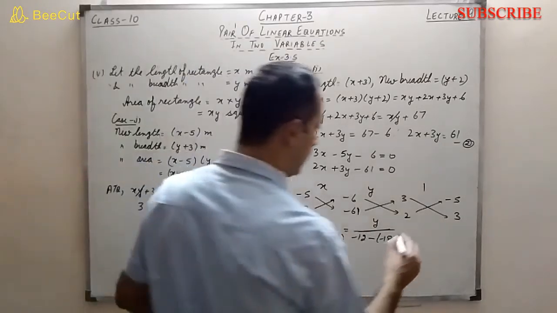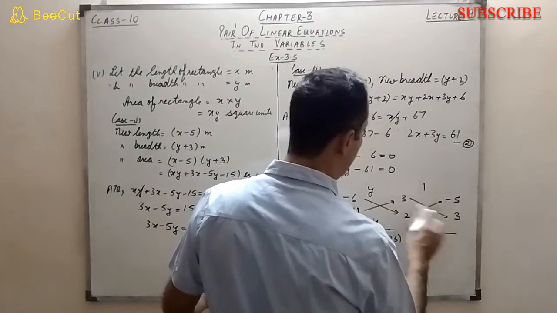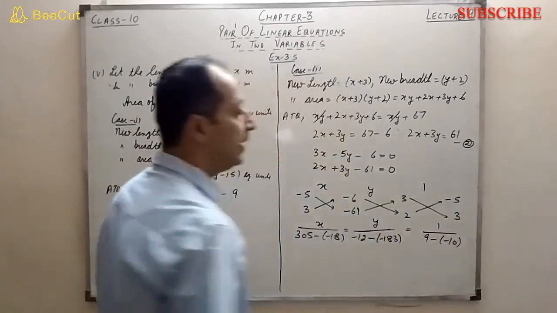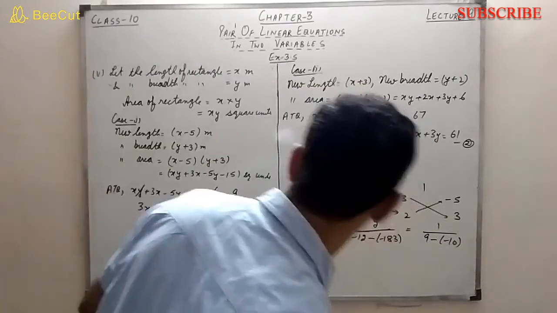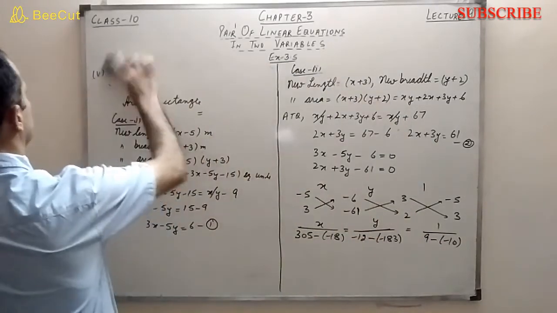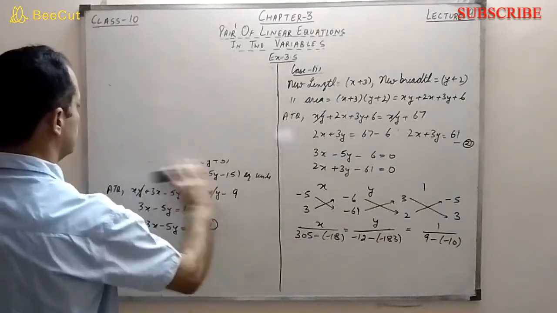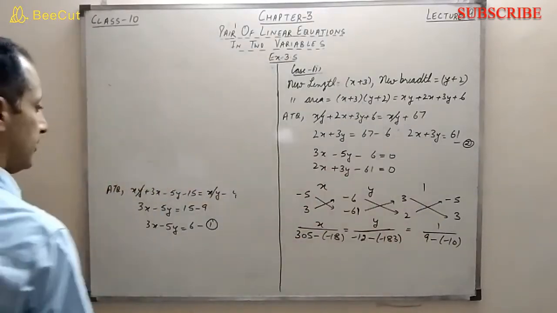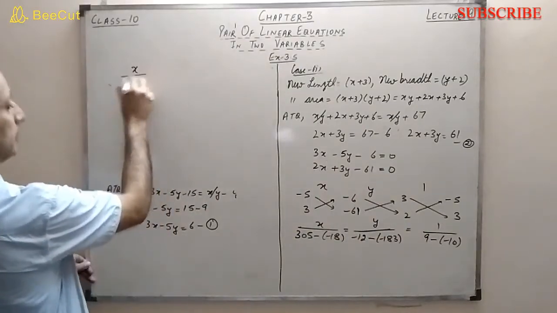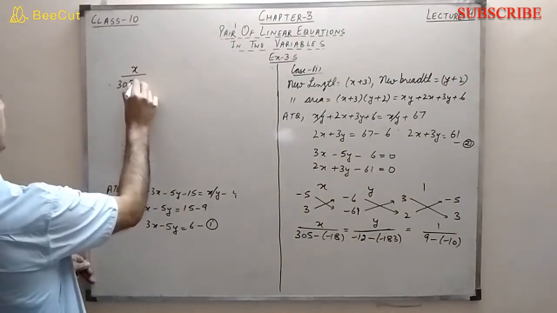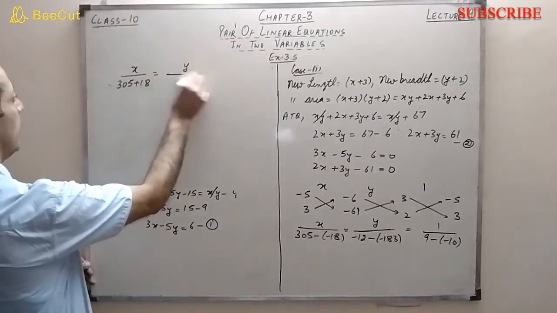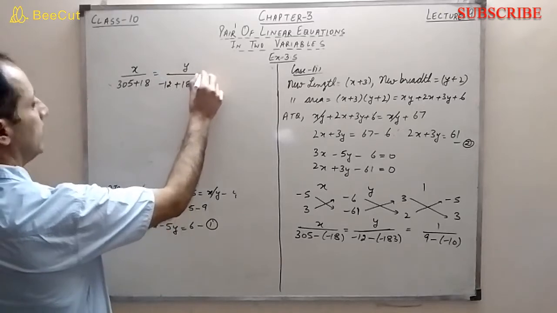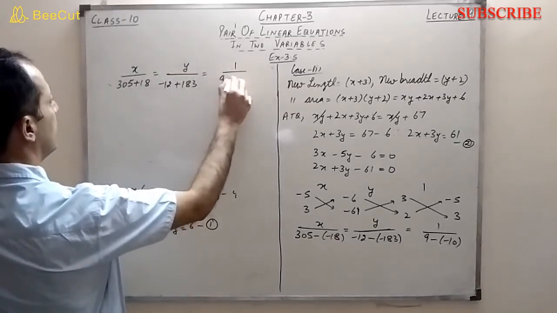And that is equal to 1 upon 3 into 3, 9, minus, this is compulsory minus, and then it is minus 10. Now let's simplify it. So this is x upon 305 plus 18 equals y upon minus 12 plus 183 equals 1 upon 9 plus 10.